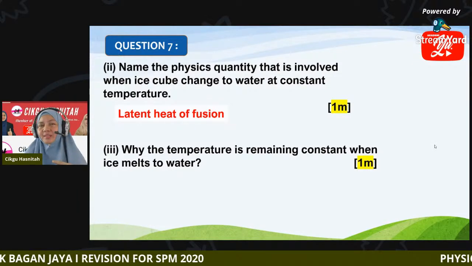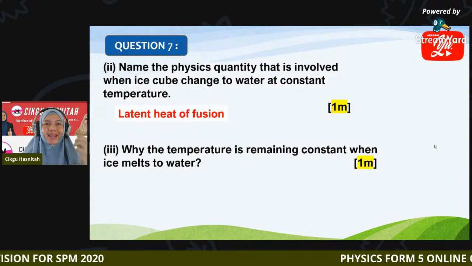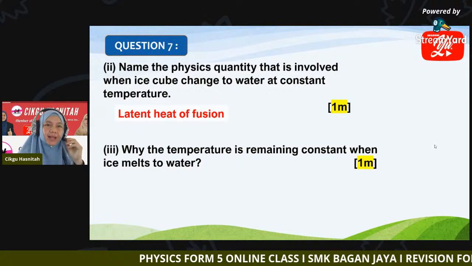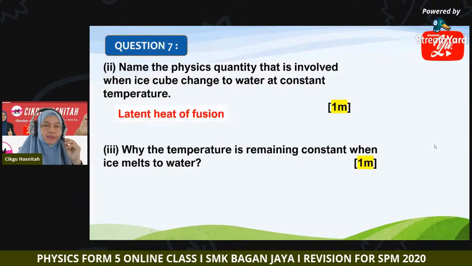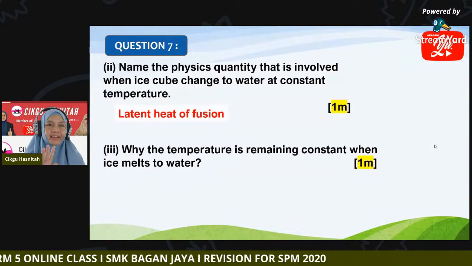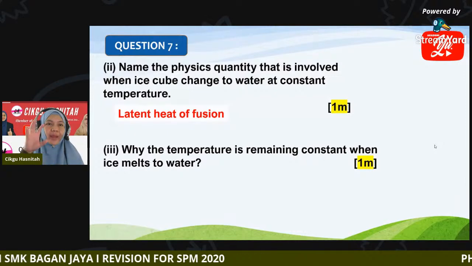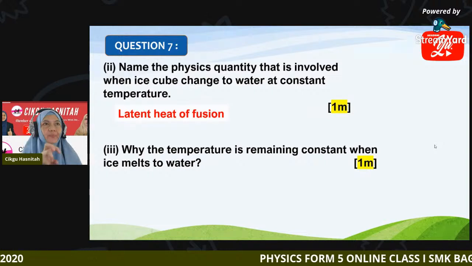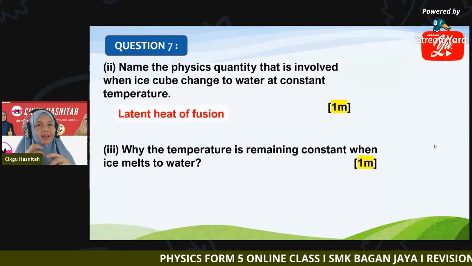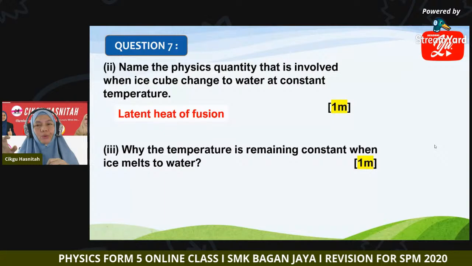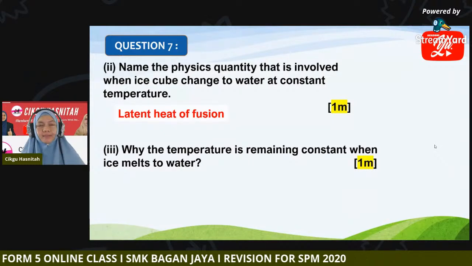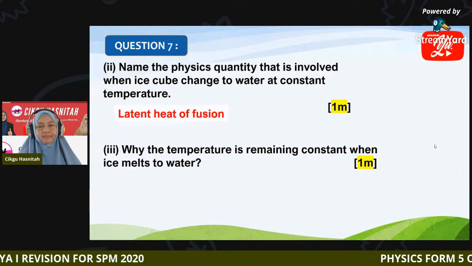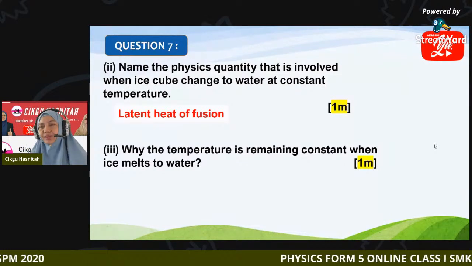Okay, next. Why does the temperature remain constant when ice melts into water? Before we answer this, I want to ask you: when ice melts into water, is heat absorbed or released? Latent heat absorbed or latent heat released? Which one do you say?